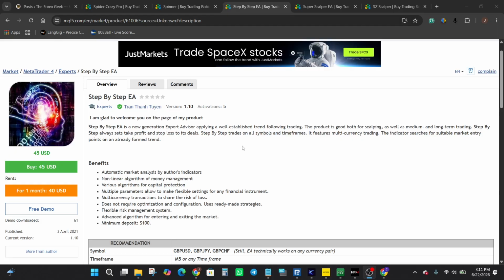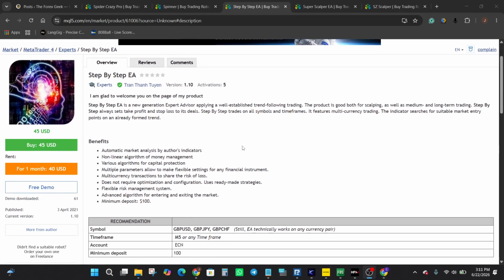Starting with the marketplace overview, step-by-step EA is currently priced at 45 US dollars with a one month rental option available for 40 US dollars. The version listed is 1.1 and the product is described as a new generation expert advisor that applies a well-established trend-following trading methodology.